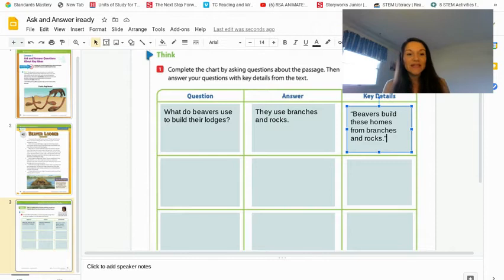And when we're asking and answering questions about the text, these need to be green questions where I can go right to the text and find them, not red questions where I have to stop and think about what I think about the text. Okay? All right, readers, off you go.